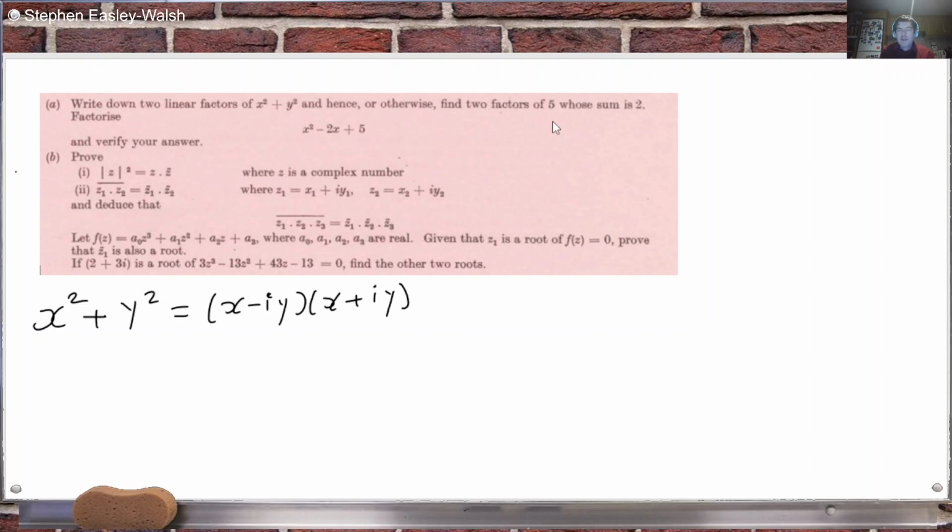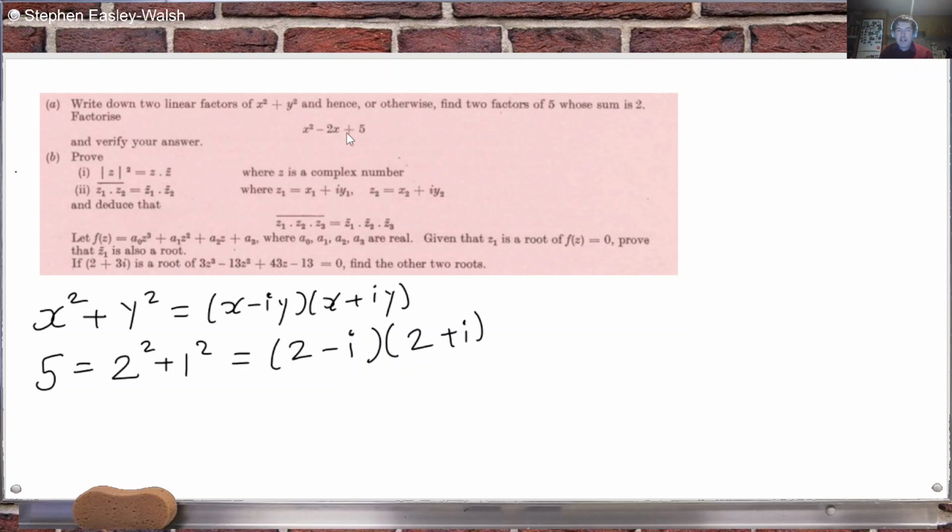Find two factors of 5 whose sum is 2. Okay, so I'm guessing we can say 5 equals 2 squared plus 1 squared. So that would be 2 minus i and 2 plus i.